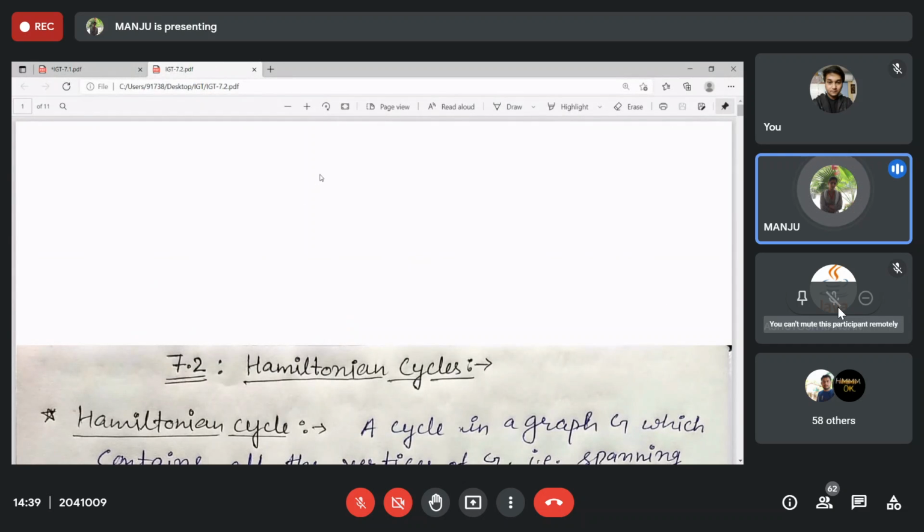Here we discussed the Eulerian part first and then the Hamiltonian cycle, Hamiltonian graph, and 3 most important theorems we have discussed over here. Can anyone tell me the definition of Eulerian?